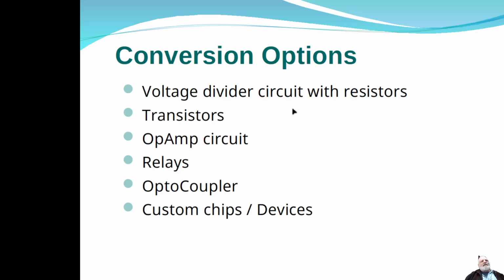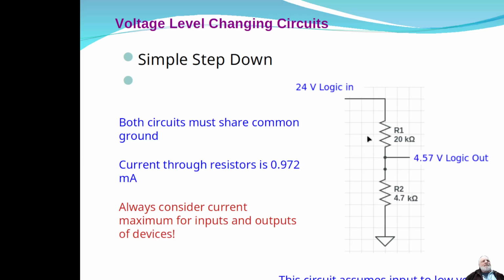Alright, so we're going to look at several different conversion options here. So here is a simple voltage divider. In this case, we've got 24 volts. Let's say this is our PLC on the left side, and we just want to connect it to a 5 volt logic on the output. Then we can simply do a voltage divider.